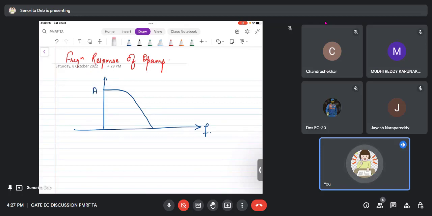Let me write this as open loop gain, AOL. This is the 3 dB bandwidth, AOL by root 2, this point, which gives you FOL, and this is the unity gain bandwidth, because the gain is unity here.